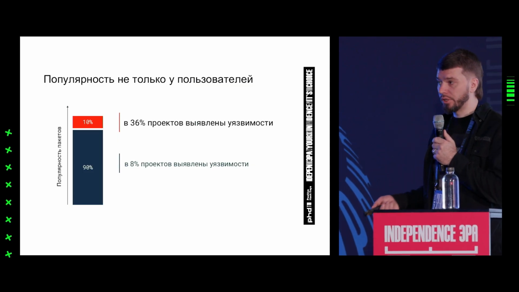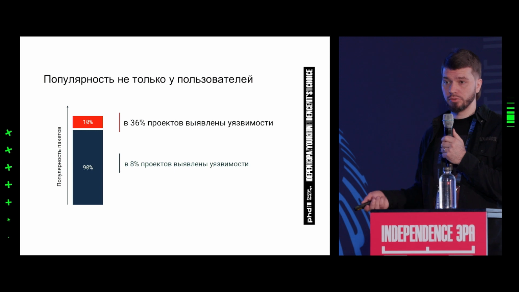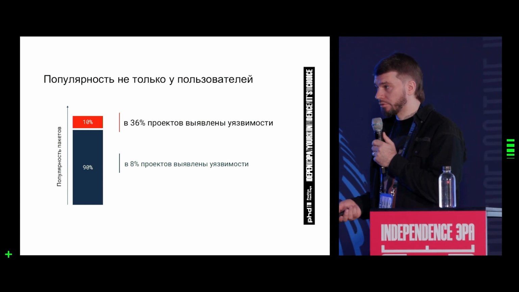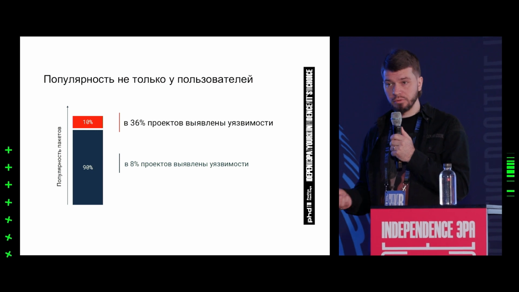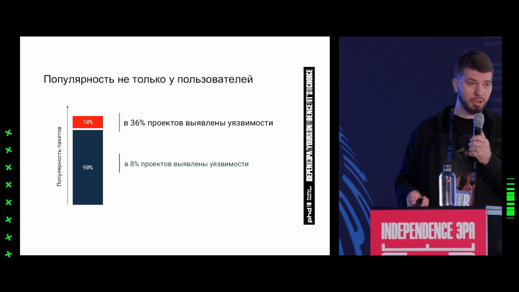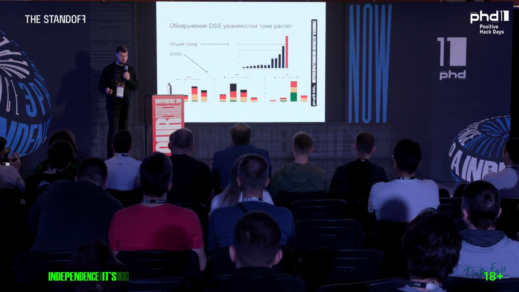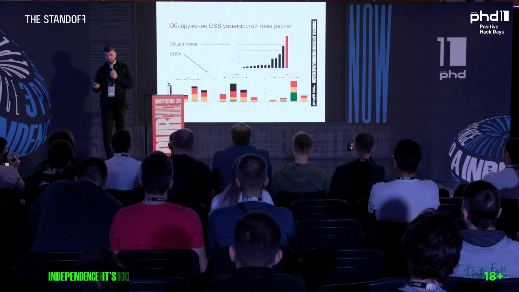In the rest of the package base, only 8% contain vulnerabilities. And popular packages are the ones better studied, right? And you know the vulnerabilities there. And people don't shy away from demonstrating and actually making public the exploits that can be, well, exploitable.